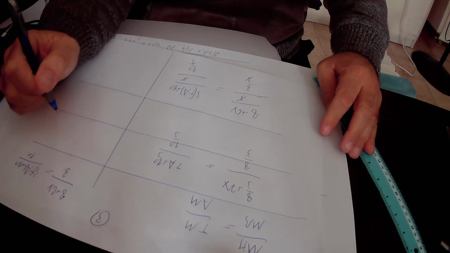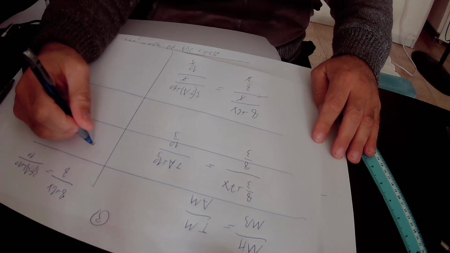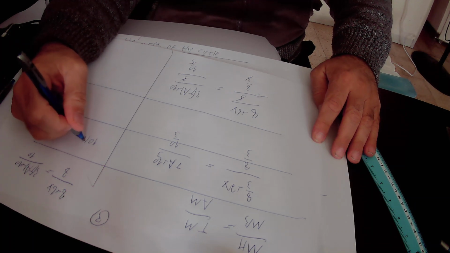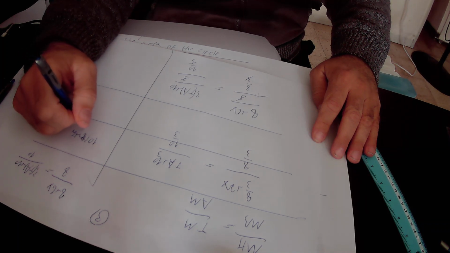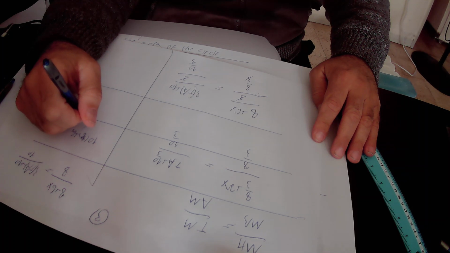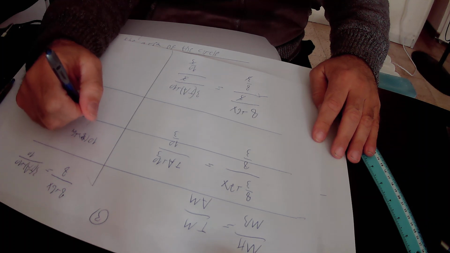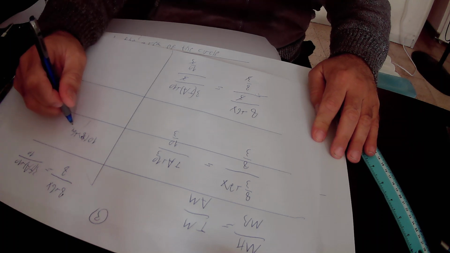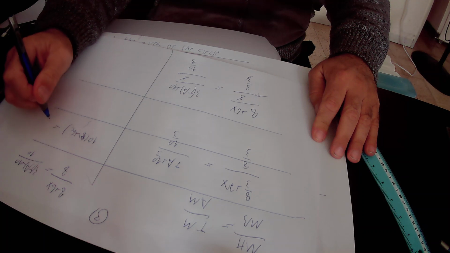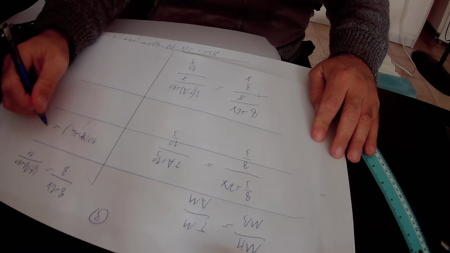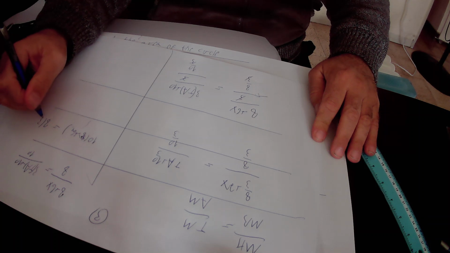Here we first cross-multiply and we get 10 times 8 plus 6x, and it is equal to 8 times 3TA plus 10.